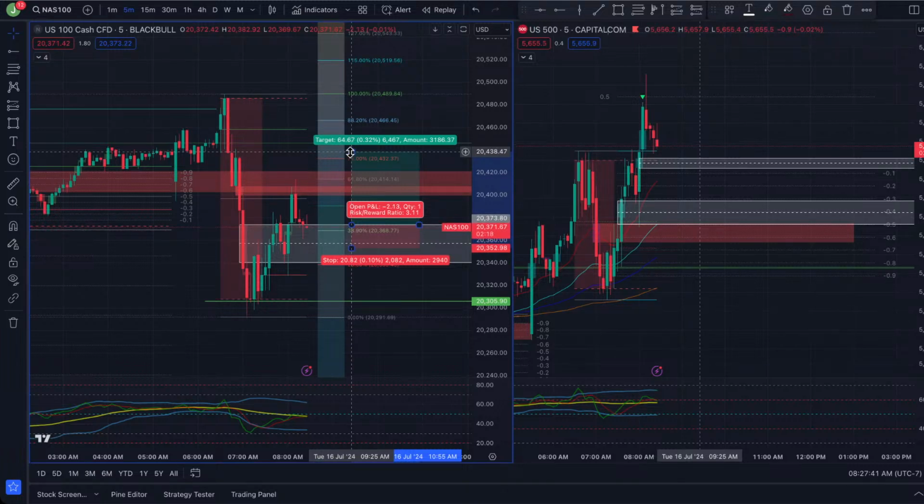US 500 slowly pushing down. NAS also making another attempt.